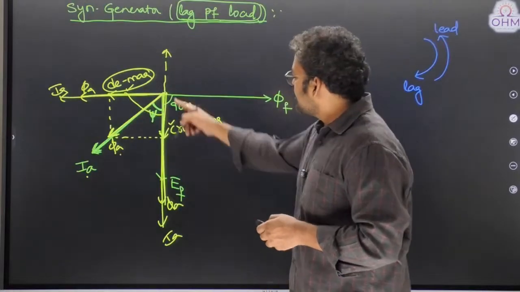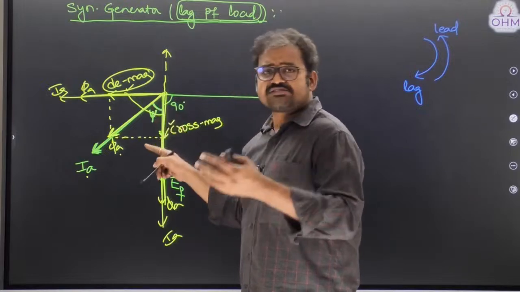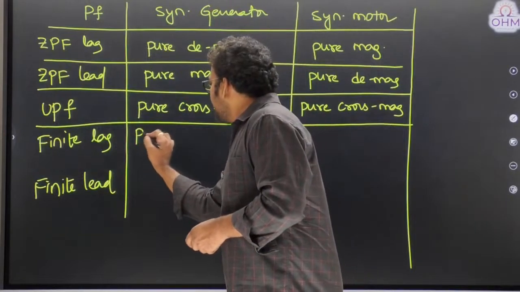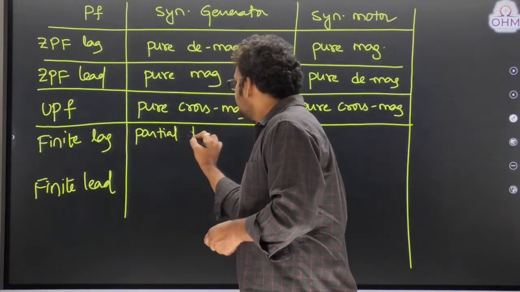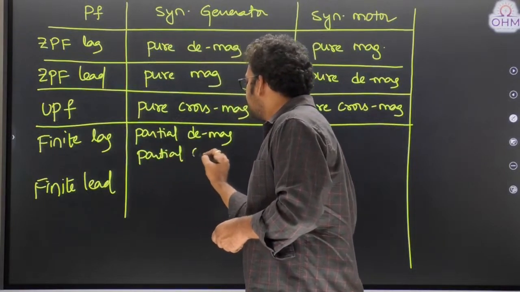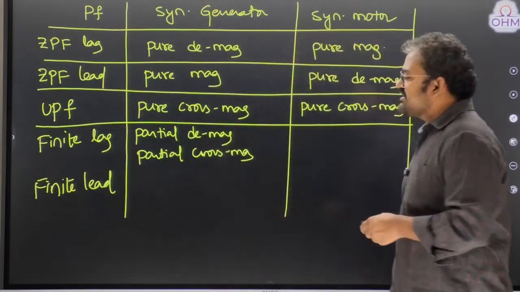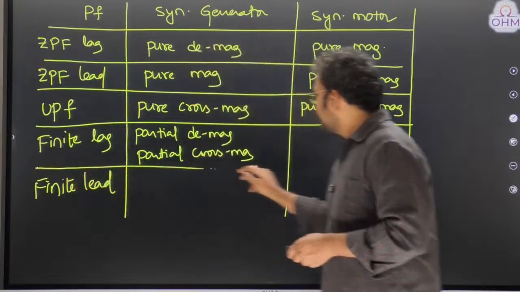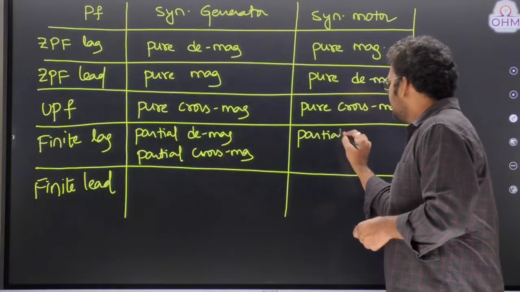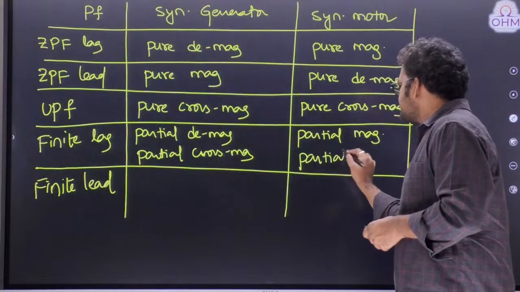Now let us apply the same concept for finite lagging power factor. Finite lagging means, as we studied, current is not lagging by 90 degrees, it is lagging by some finite angle called psi degrees. Then armature reaction is partial demagnetization and partial cross magnetization. If you apply the same concept to a motor, it is exactly opposite. Demagnetization becomes magnetization, so it becomes partial magnetization and partial cross magnetization.